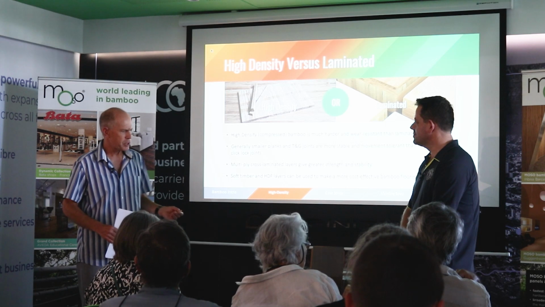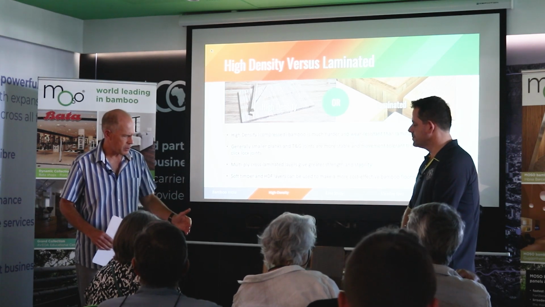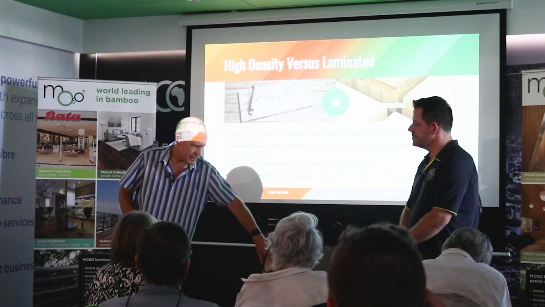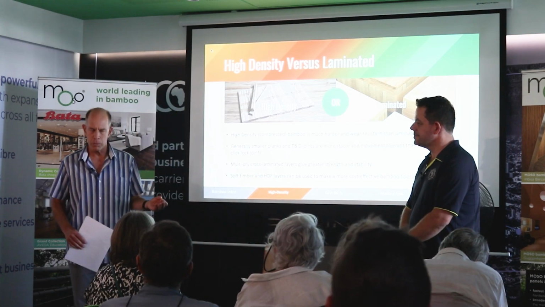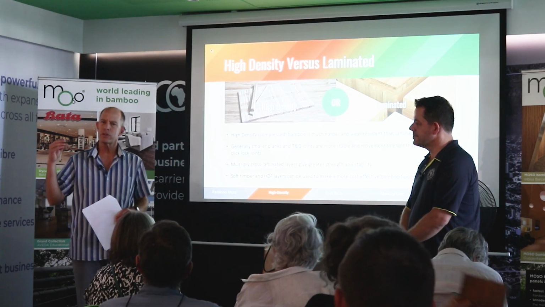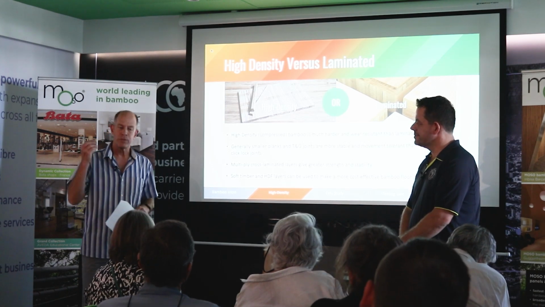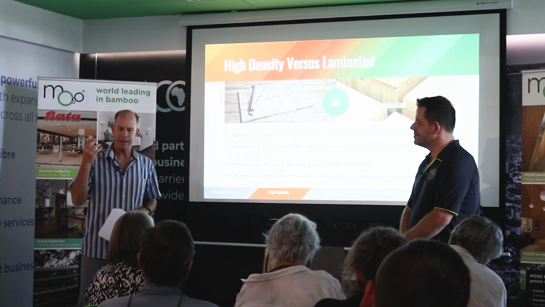One of the other differences between the laminated, the plain pressed or the side pressed, is that as with timber, it's a bit more porous. When you create the strand woven or the high density, the compressed version, it's very much more dense and less porous.